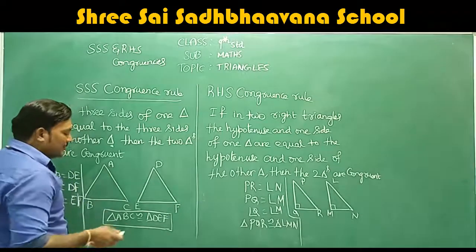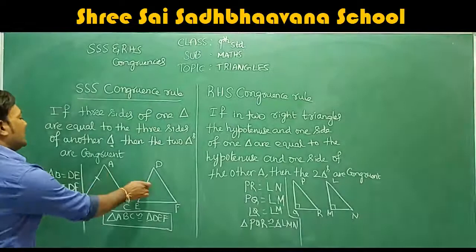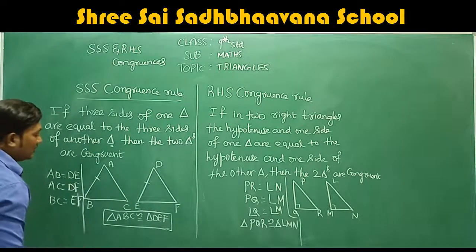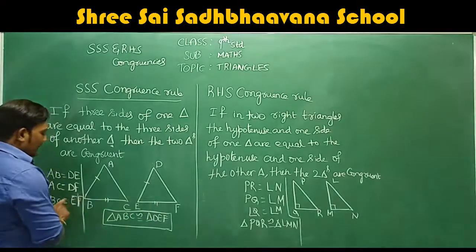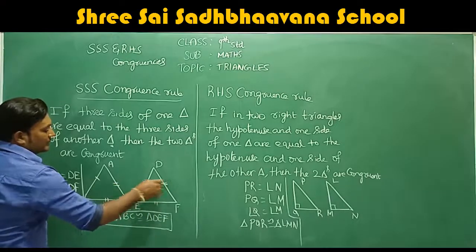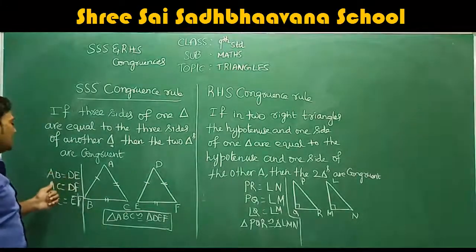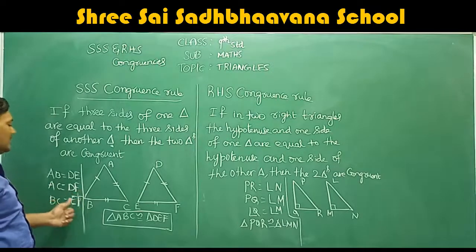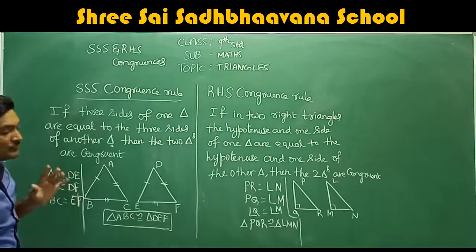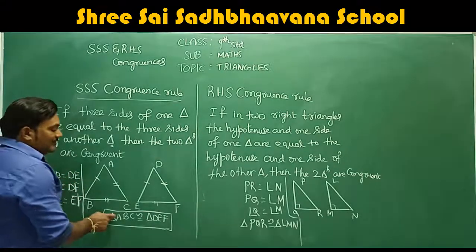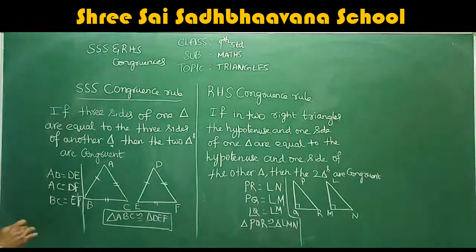In these two triangles, you observe AB is equal to DE, and BC is equal to EF, and the other corresponding side AC is equal to DF. If all these corresponding sides are equal to each other, then we can say that triangle ABC is congruent to triangle DEF.